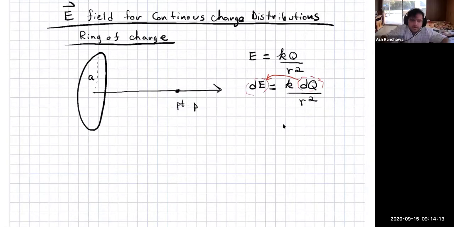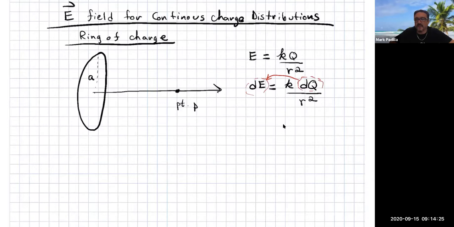So even with an object that's completely charged, it doesn't have an even charge throughout. We're saying that dE and dQ are a composition of a whole bunch of those.